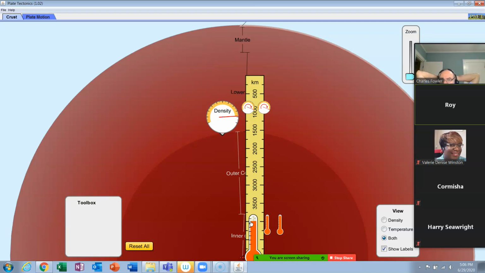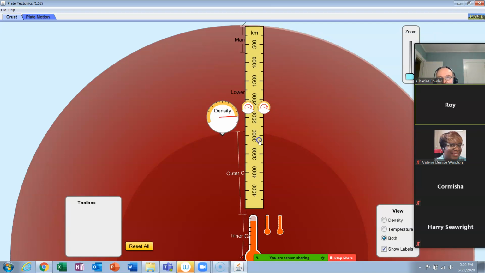Now, did they ask the question about the phase of the inner core? Did we skip that, or have we gotten there? Okay. So I don't know. I can't remember why I moved the ruler up, but I will. Okay, move the density meter down until it exceeds 300. Oh, I know why. Oh, there it went.